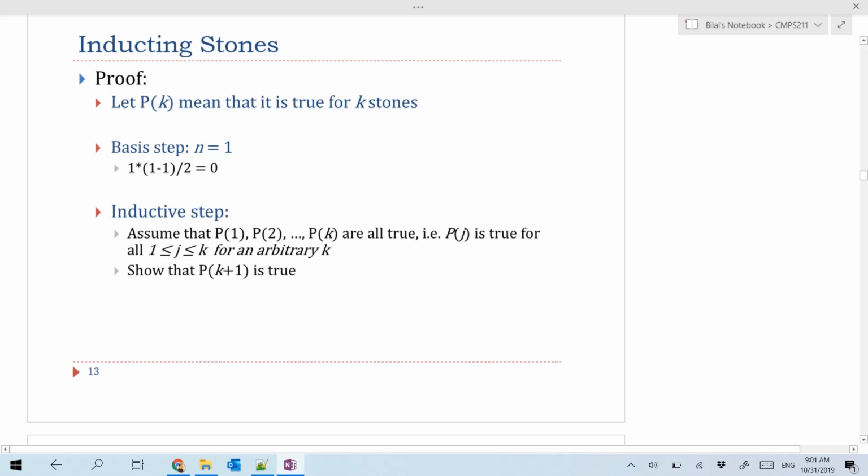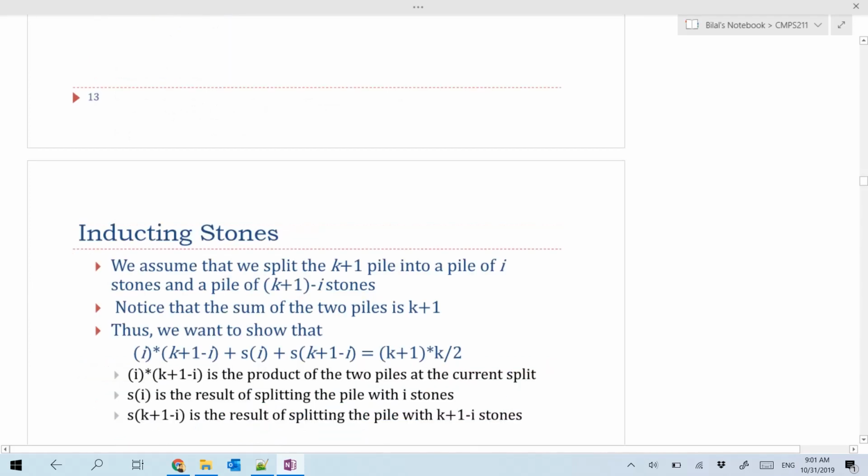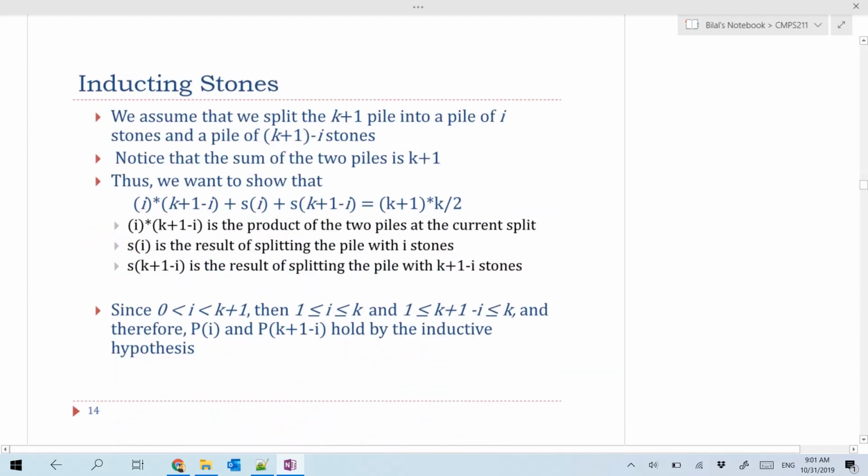So to proceed, we are going to split the k plus 1 pile of stones into k plus 1 minus I and I stones, to the right and to the left, okay? If you pick up I stones from the k plus 1 stones and put them in one pile, then you will end up with k plus 1 minus I stones on the other side.